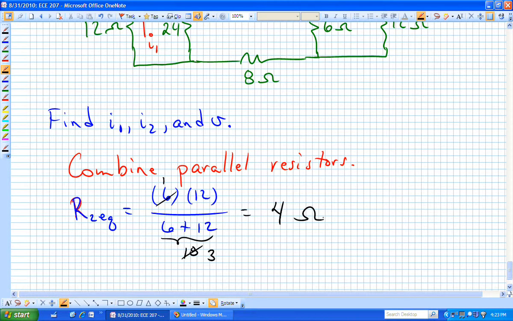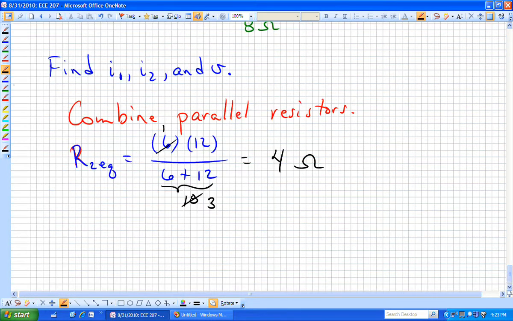6 and 12 in parallel, and I said the combination has to be less than the smallest. The smallest was 6. You would expect a resistance smaller than 6. And it is. 4 is smaller than 6, so that seems to make sense. How about the next R equivalent, which was R sub 1 equivalent? That was a 12 ohm in parallel with a 24.